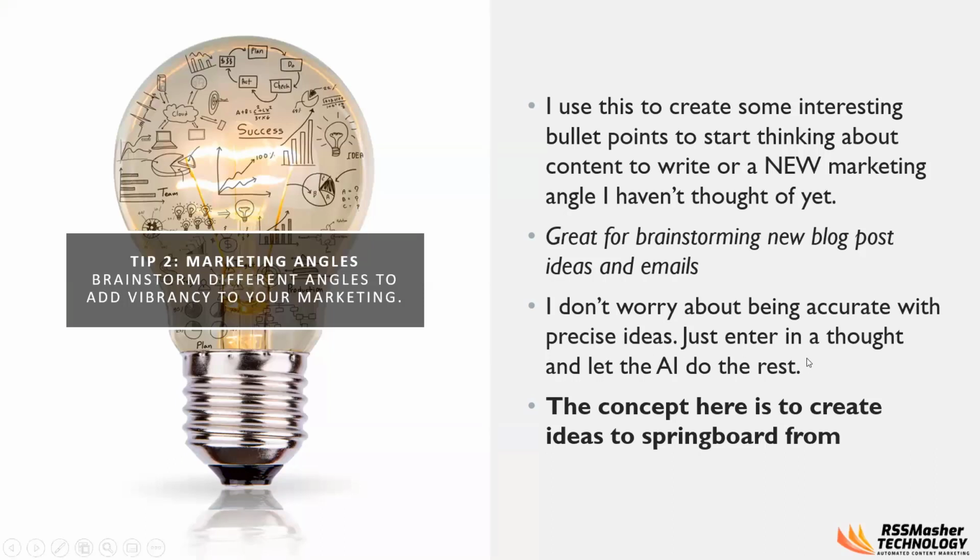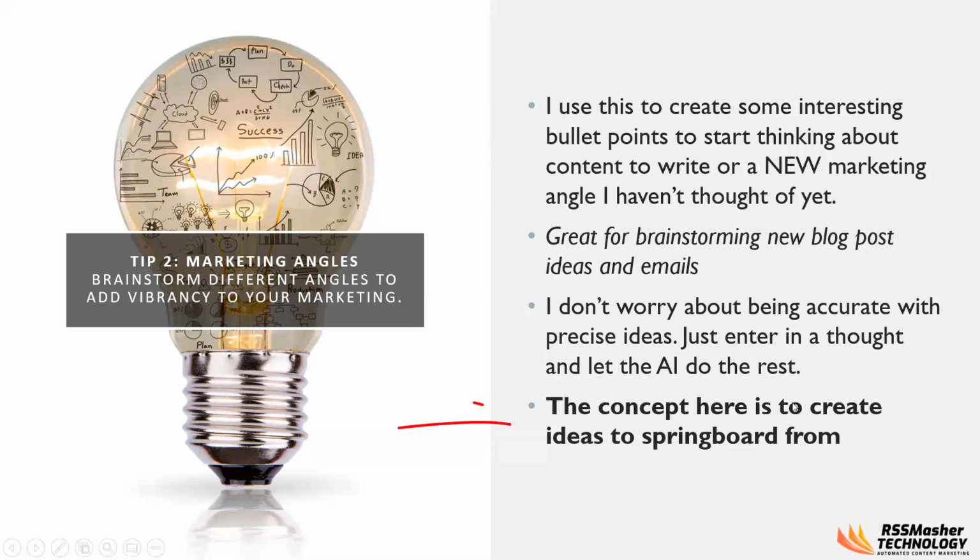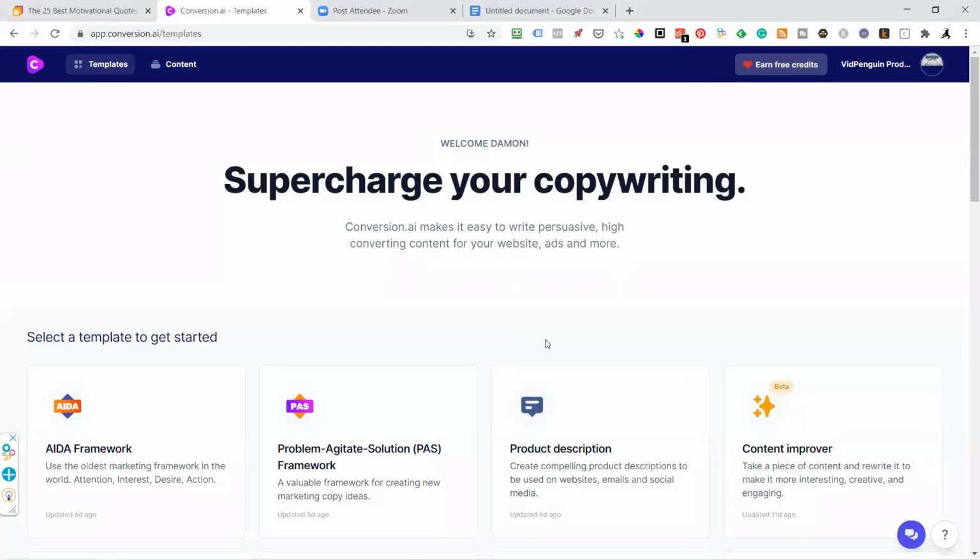This is the biggest thing right here: I don't worry about being accurate or having precise ideas or thoughts. I just enter in a thought and let the AI do the rest. So the concept here is to create ideas to springboard from. It's not necessarily to get perfect written copy, but it's great to start your copywriting thinking process.